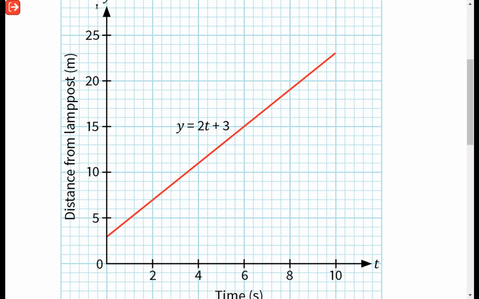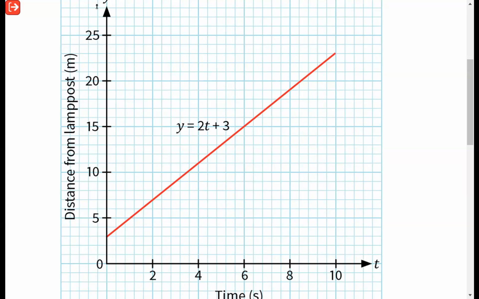Here, this is the time axis, and this is the distance from the lamppost on the vertical axis. At time equals 0, 3 meters away. At time equals 2 seconds, Jenny is 7 meters away. You see that in 2 seconds, the distance has increased from 3 to 7.